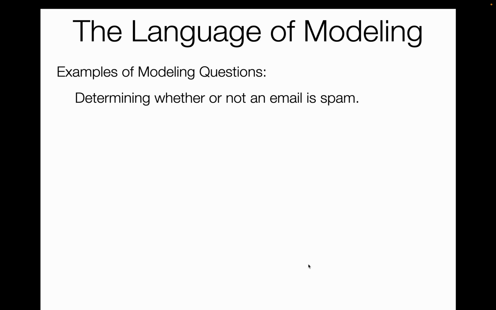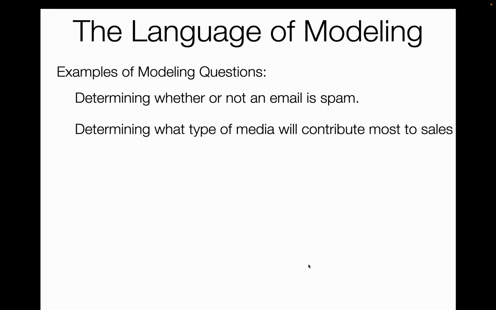Do I want to determine just whether or not an email is spam, or what makes an email a spam email? Two different questions. One is interpretation, one is prediction. For this particular question, how I wrote it, this is a prediction question. I just want a filter that does a good job at filtering out spam emails.